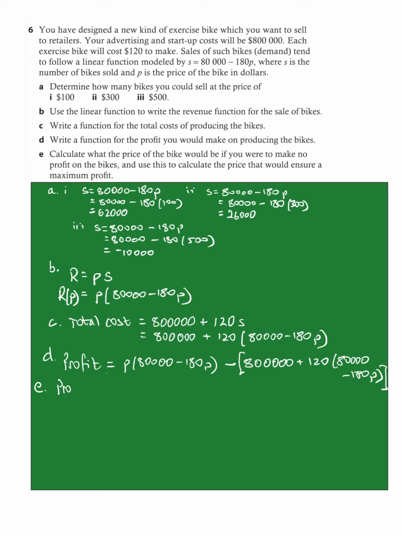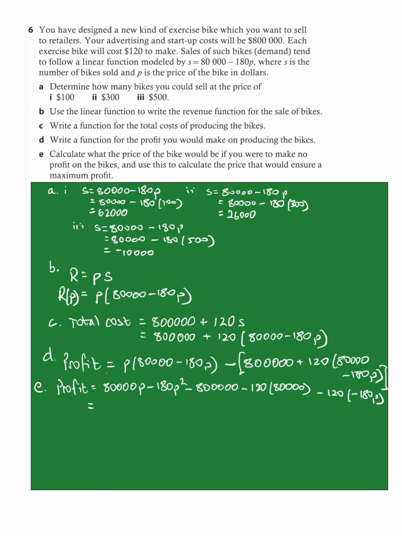We've got profit equals 80,000p minus 180p squared minus 800,000 minus 120 times 80,000, and then minus 120 times minus 180p.